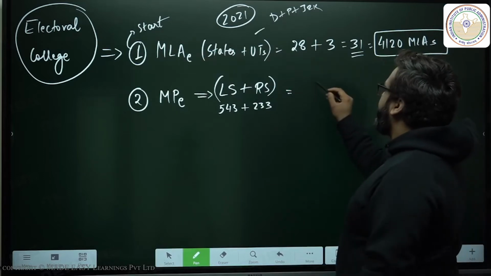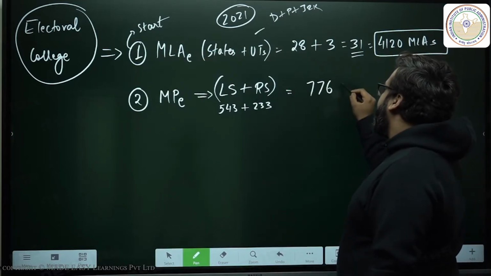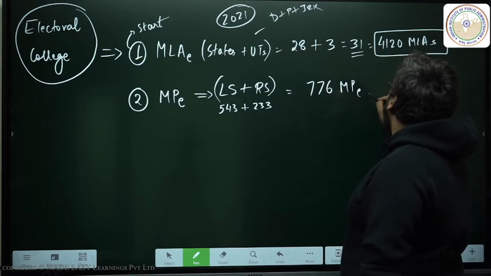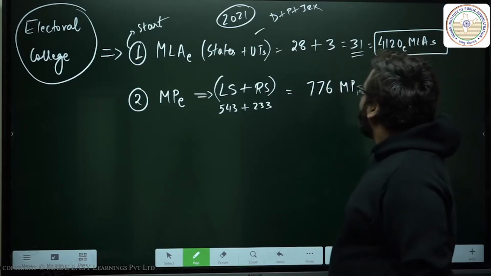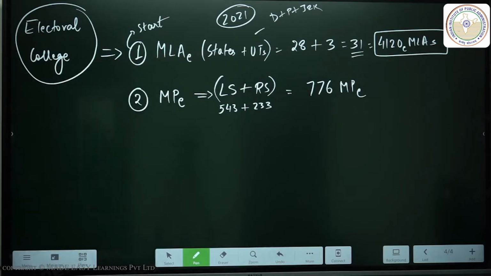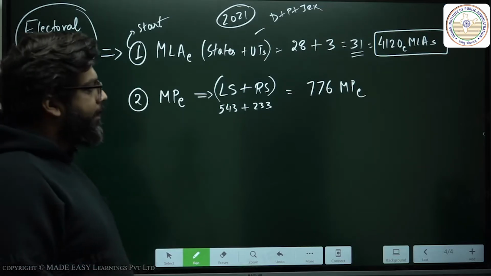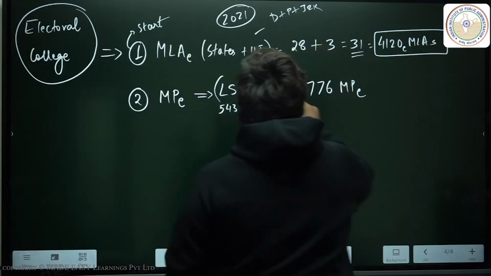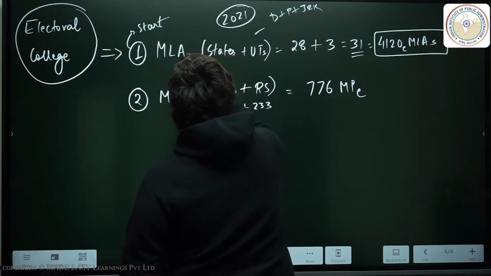So you have a total of 776 elected MPs and 4,120 elected MLAs. Are we clear with this? Do we understand this? Yes. We will start from here, then move here.